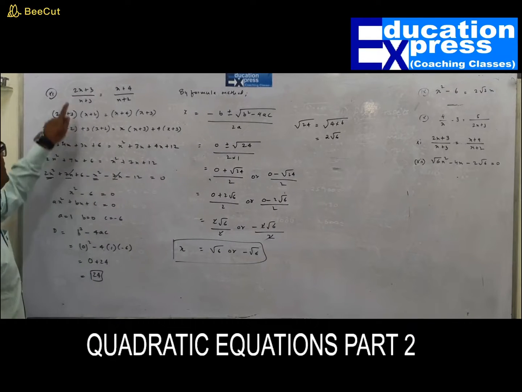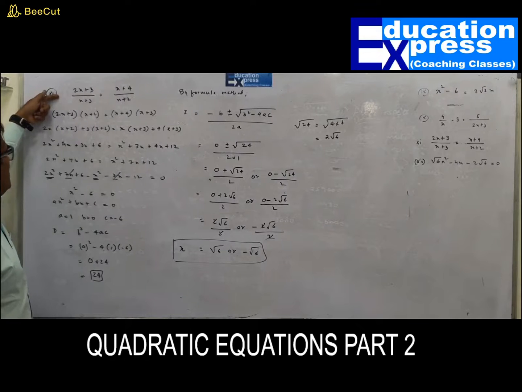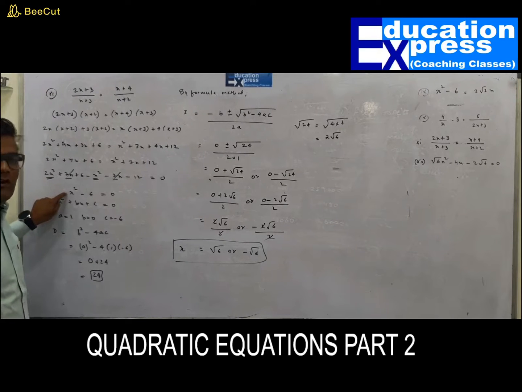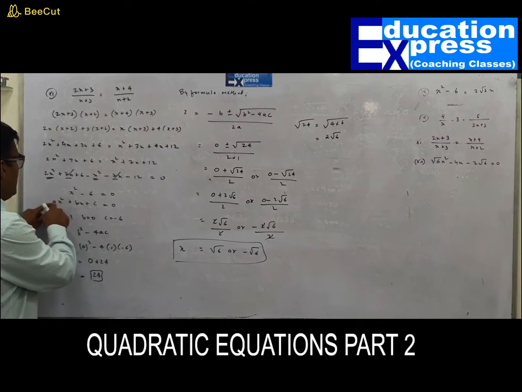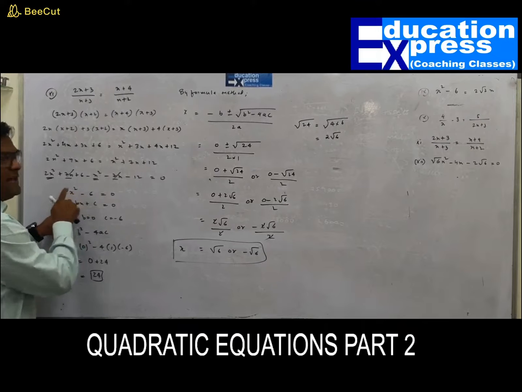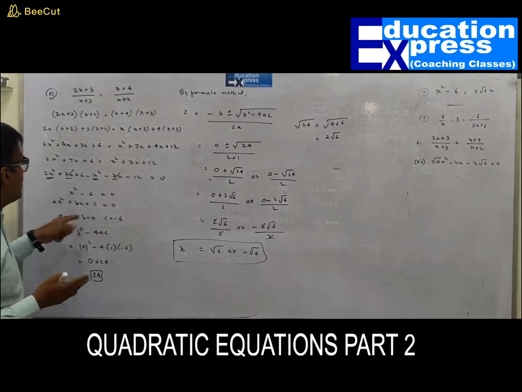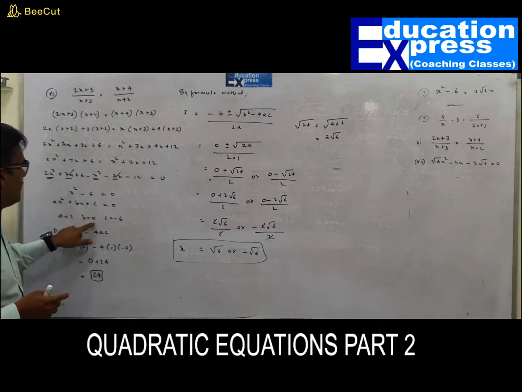Let's get back to the same thing. Cross multiply. After cross multiplying, I arrived at x square minus 6 equals 0. Compare it to ax square plus bx plus c equals 0. The coefficient of x square is 1 for a. x does not exist, that means 0x. So b is equal to 0 and c equals minus 6.